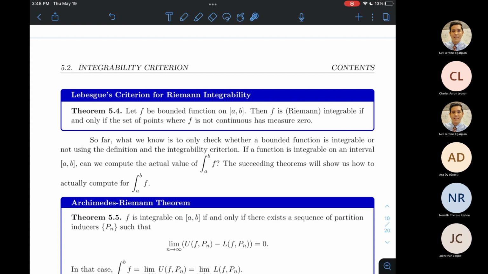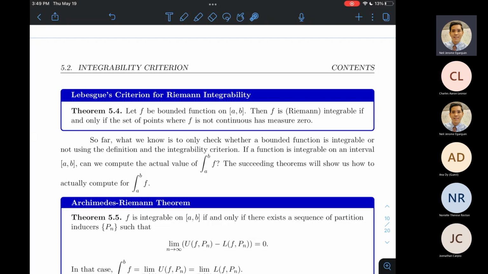Okay. So it seems that you don't have any concerns. So okay, we'll just continue on Tuesday. We'll start with the Archimedes-Riemann theorem, and hopefully discuss properties of integral. Now, starting from Archimedes-Riemann theorem, titingnan natin paano nagko-compute ng Riemann integral.